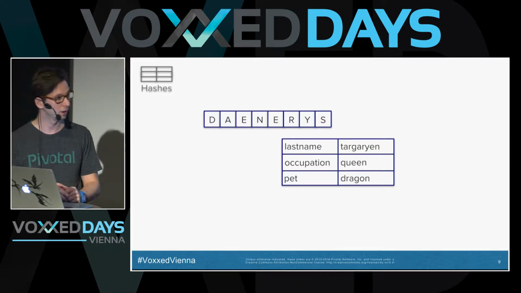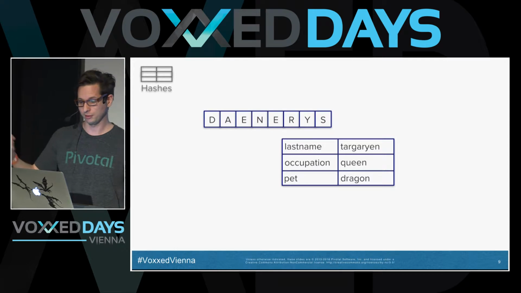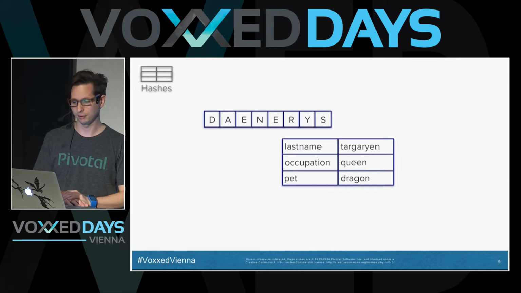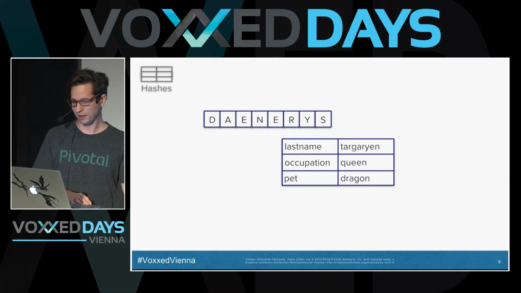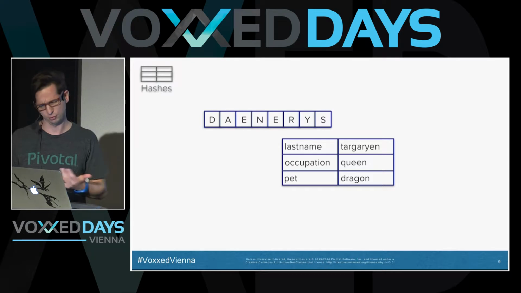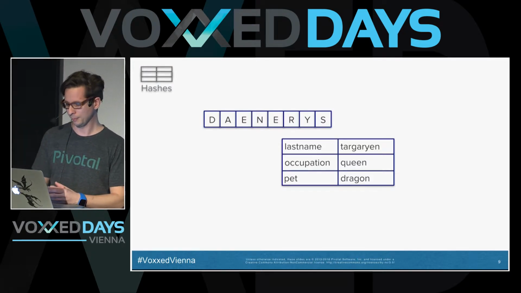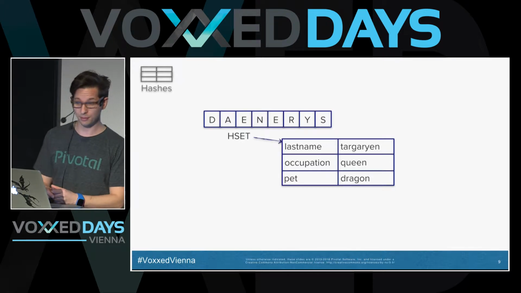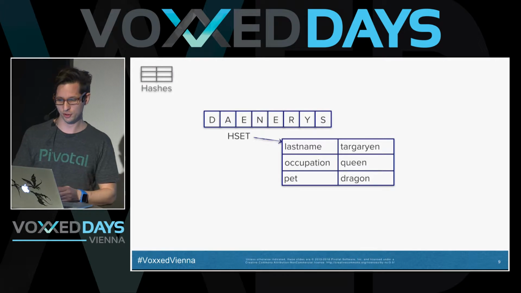We got hashes. Here we have Daenerys, and we stored all her properties, let's say, as key values, as a hash inside a hash. And so we got the last name, Targaryen. She's obviously a queen, and she has a pet, or three of them, 3 dragons as a pet. And we can set something calling the hset command, which would set a key within the hash inside.